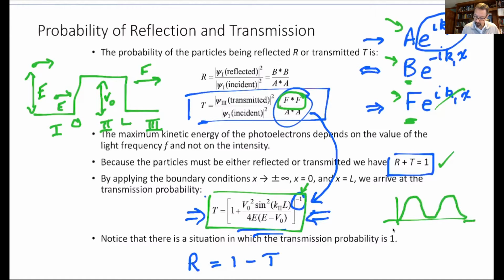As a function of K and L, the sine squared of K times L is equal to 0 at places. And remember, it's the reciprocal that we really are looking at here. There are places where you get a large value of sine squared, and there are places where you get 0. And so you can see that the transmission coefficient might oscillate a little bit on you based on the fact that the sine squared oscillates on you.